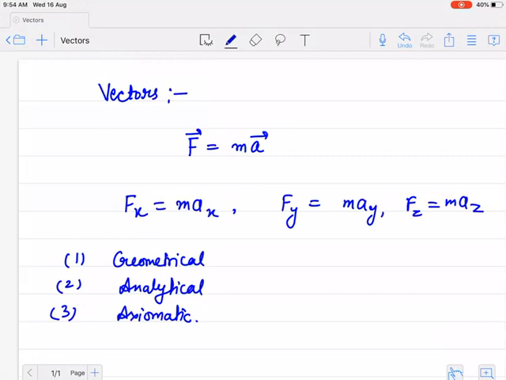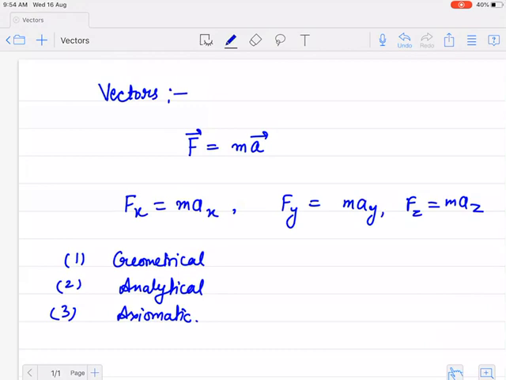Although all three points of view are useful, we shall need only the geometric and analytical approaches in our discussion of mechanics. The axiomatic approach we mostly study in mathematics.